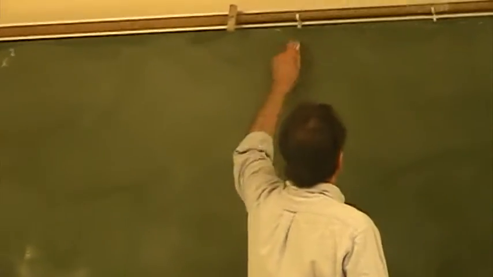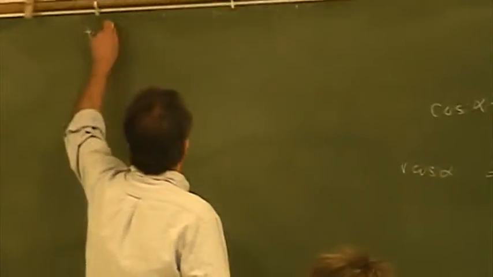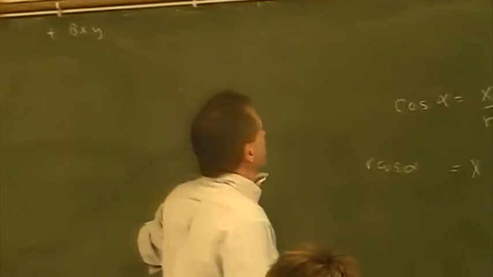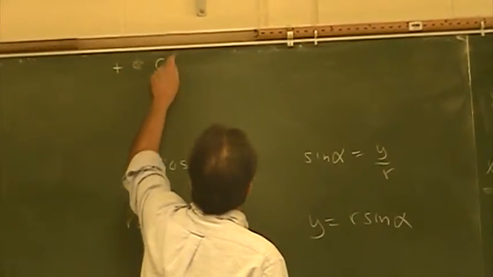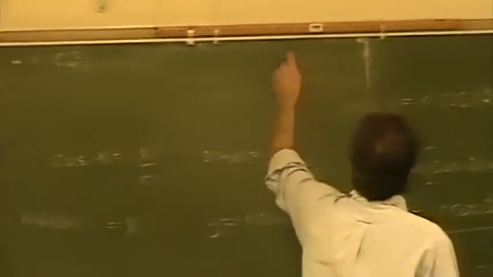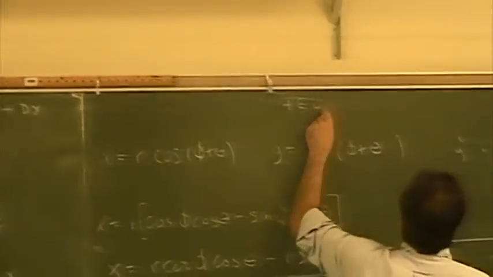Ax squared plus bxy plus cy squared plus dx plus ey plus f equals 0.